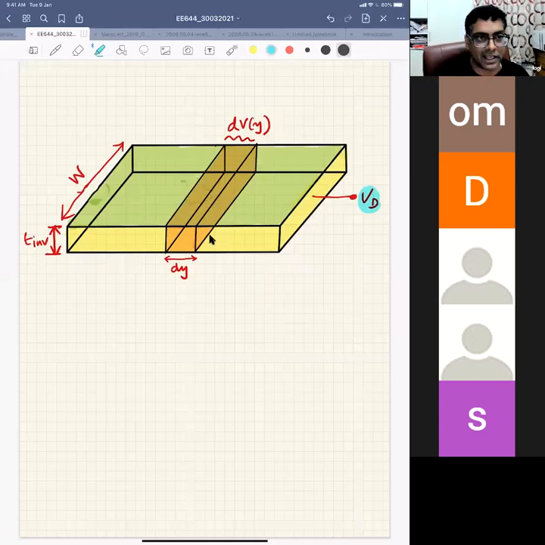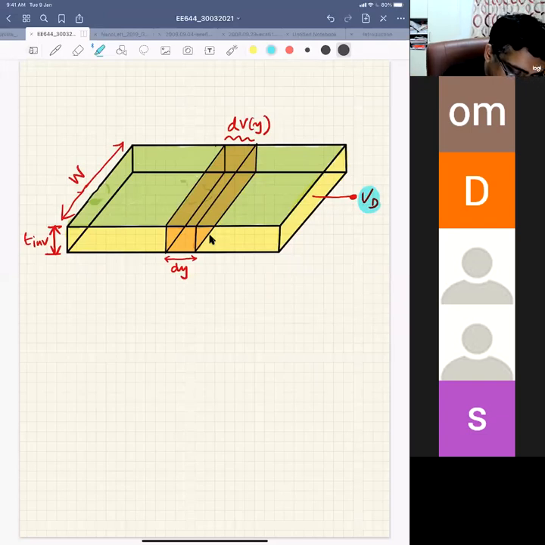Let's say I took a small portion of the inversion charge. The length of this small part is dy, and the voltage drop in that small part is dVy. So I have dVy drop across this small part. So what does this mean?